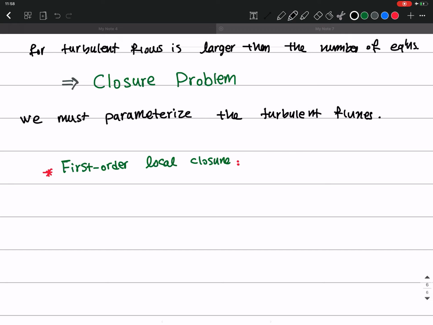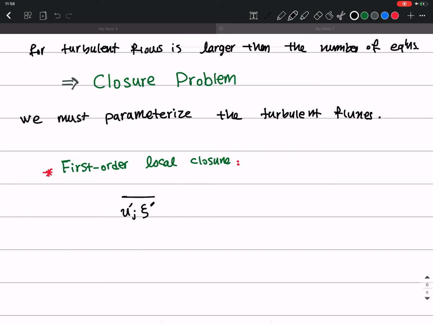So in this parameterization, we just say u prime j epsilon prime. Epsilon can be anything. It's not just velocity. Mostly we use it as velocity, but it can also be heat or moisture or anything.